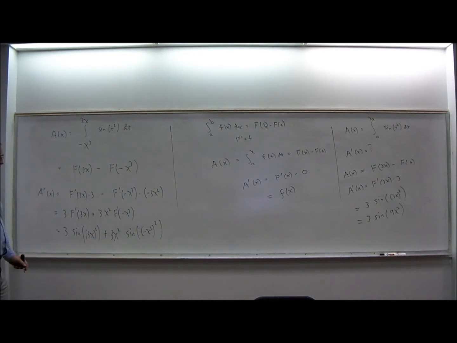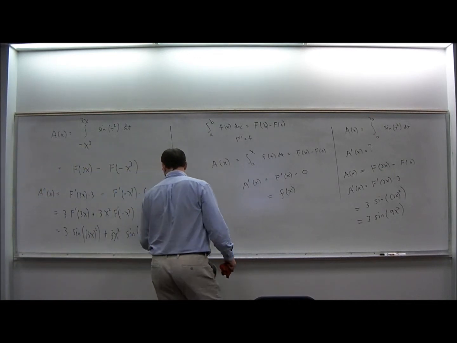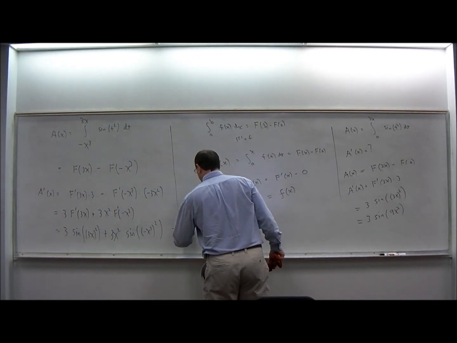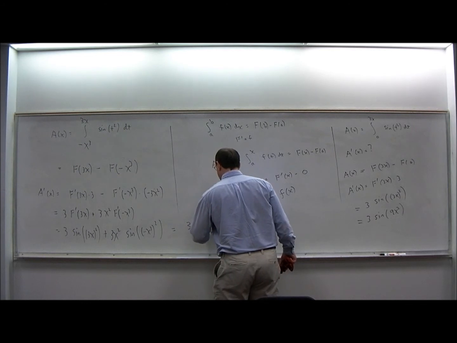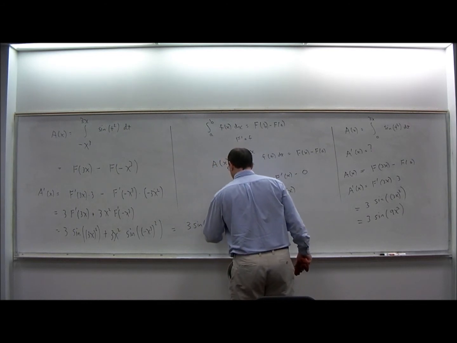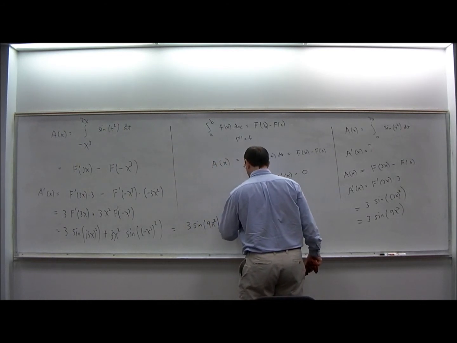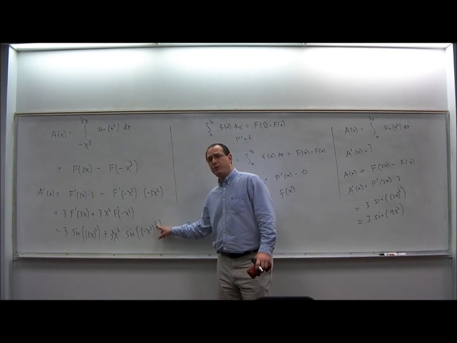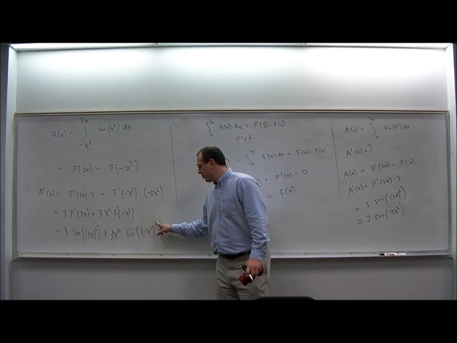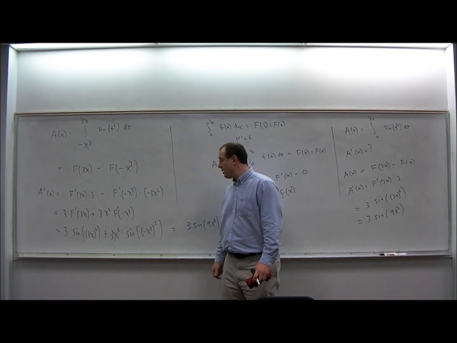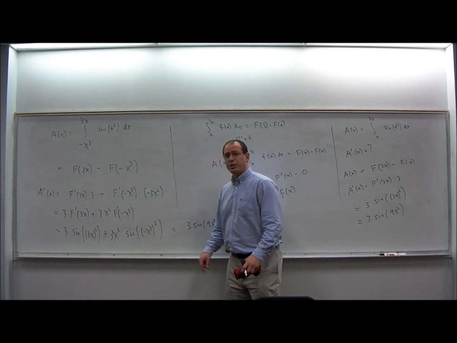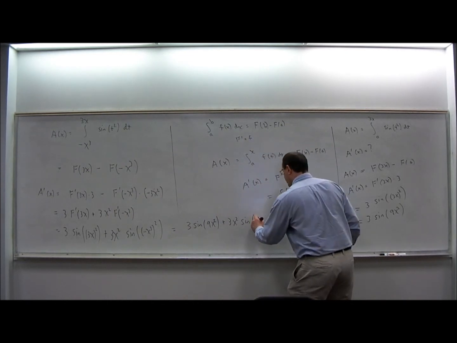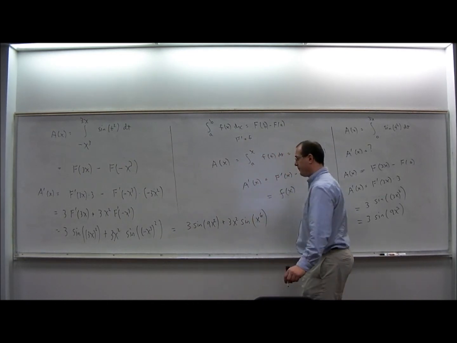And this simplifies. We can make it look a little bit nicer. 3 sine 9x squared plus 3x squared times the sine of negative x cubed squared. Negative 1 squared is 1, so the negative drops. And then x cubed squared, you multiply those exponents, and you get x to the 6th.